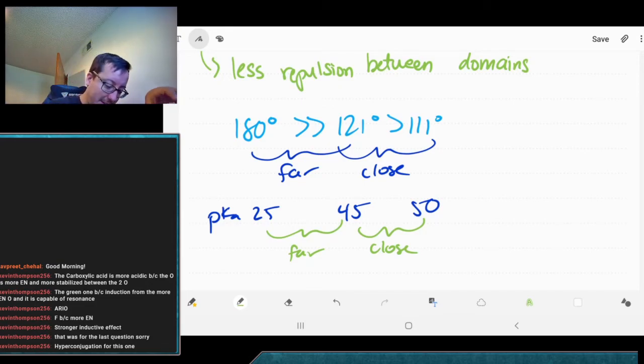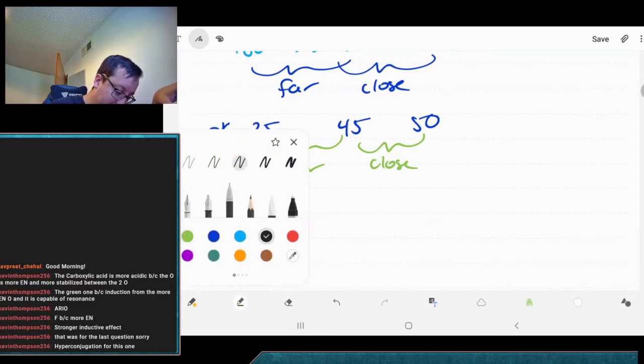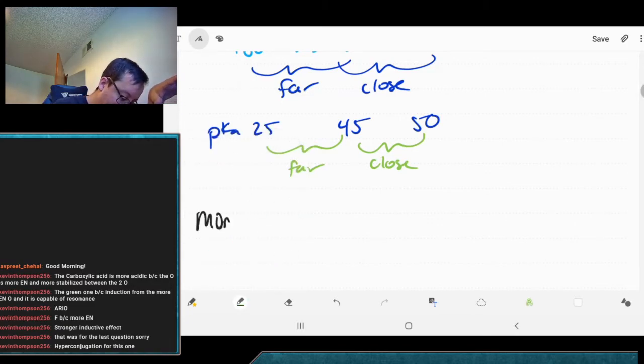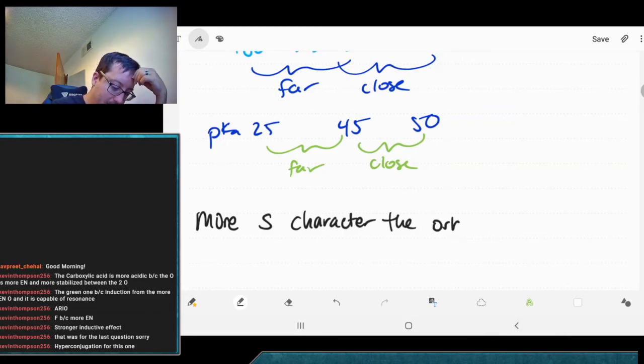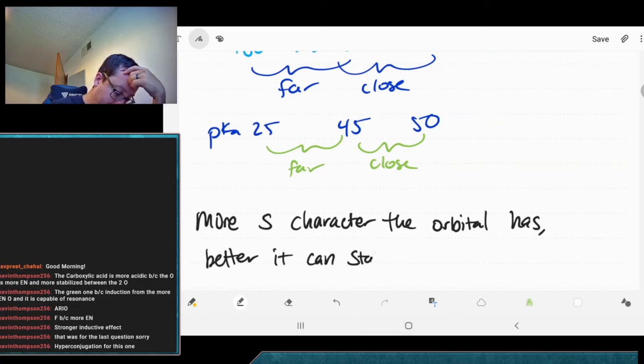The more s character you have, here's kind of the summary here. The more s character the orbital has, the better it can stabilize a negative charge.